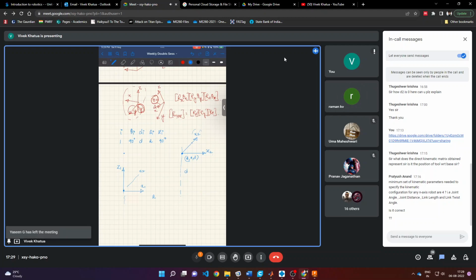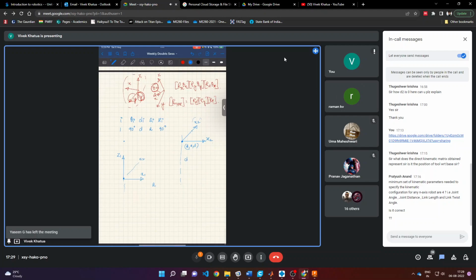You can use this for the problem, but the problem has one more frame here, so you have to account for that frame also. Then that will come as T0 to 1, then T1 to 2, and then you will get T0 to 2, and in that the fourth row will be the direct kinematics of your robot.